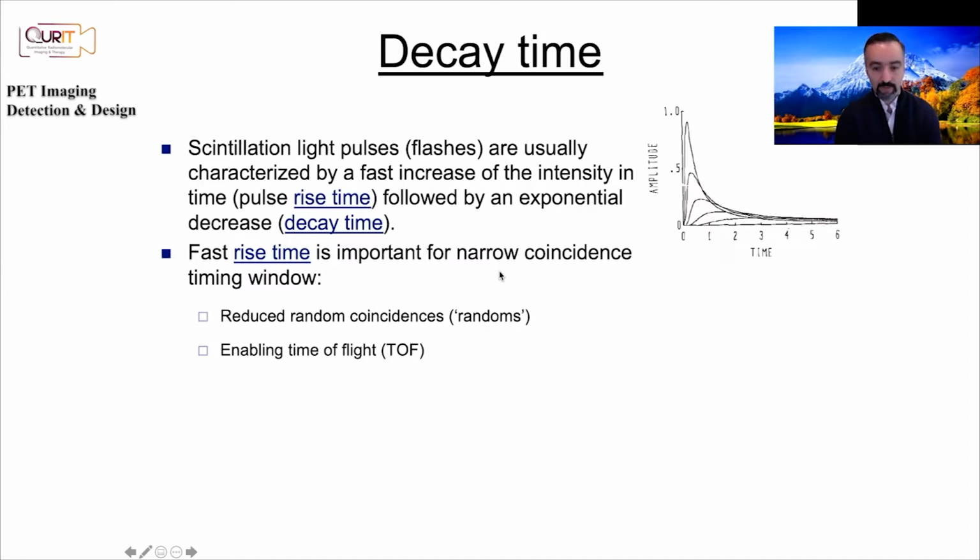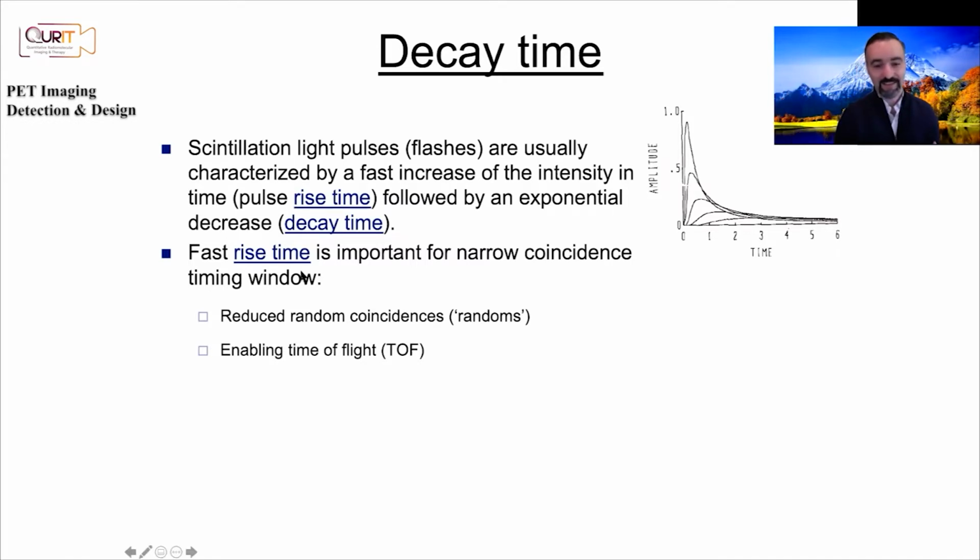That's important for narrowing down the coincidence timing window, because if you are so uncertain about when the event came in, your coincidence window becomes bigger and bigger. So you could be collecting events, so-called random coincidences, events that are happening at the same time and being detected at the same time, and the camera is getting confused. The camera is saying, whoa, I just got these events, but they're actually events from photons or gamma rays from different events.